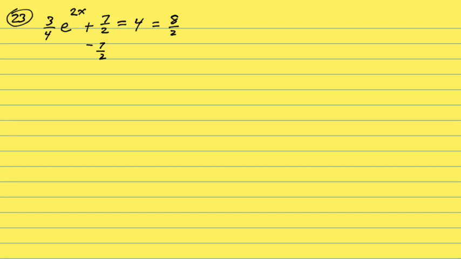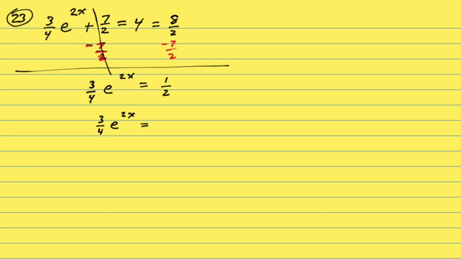If I subtract 7/2 from 8/2, that leaves me with, I believe, 1/2. So 3/4 e to the 2x equals 8/2 minus 7/2. 8/2 minus 7/2 leaves me with a 1/2.